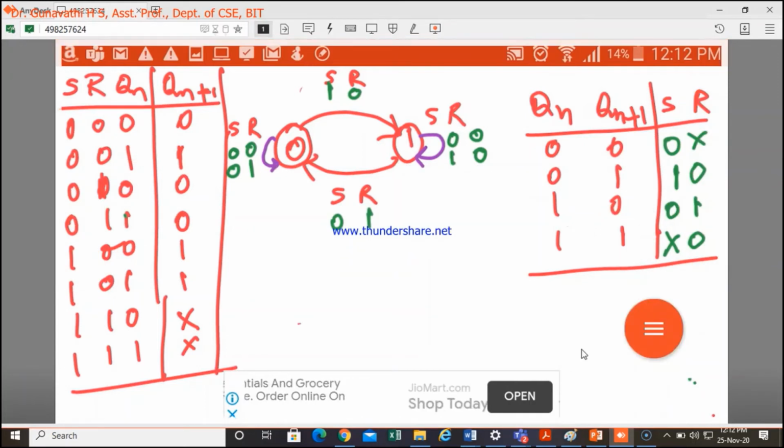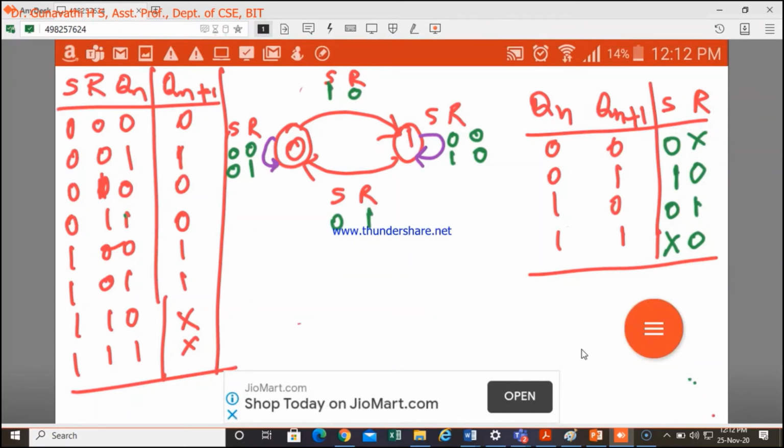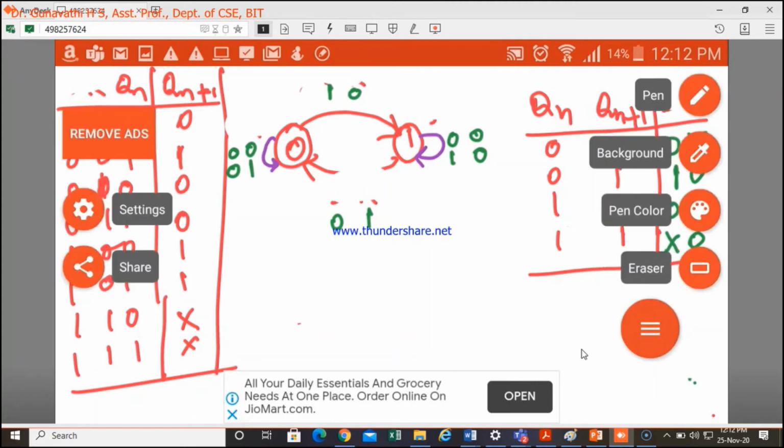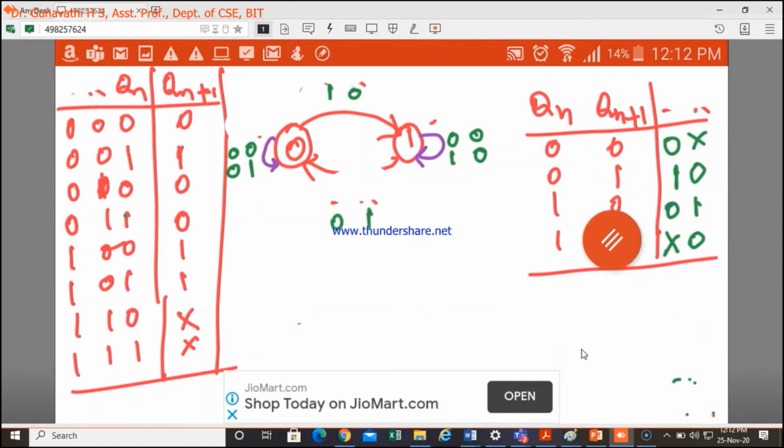So I'll just go with the JK flip-flop now. I'll erase this and write for the JK. So here it is.